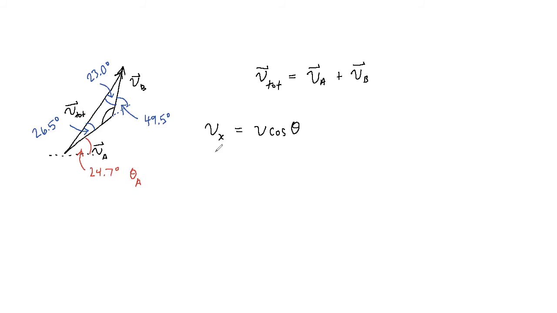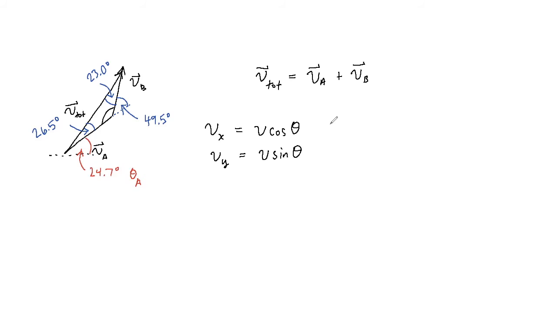Similarly, for any arbitrary vector, the y component is always going to equal the magnitude of that same vector times the sine of the angle that it makes with the x-axis. And so the x component of vector A is simply going to be the magnitude of vector A times the cosine of 24.7 degrees. Okay, so let's go ahead and write that down.